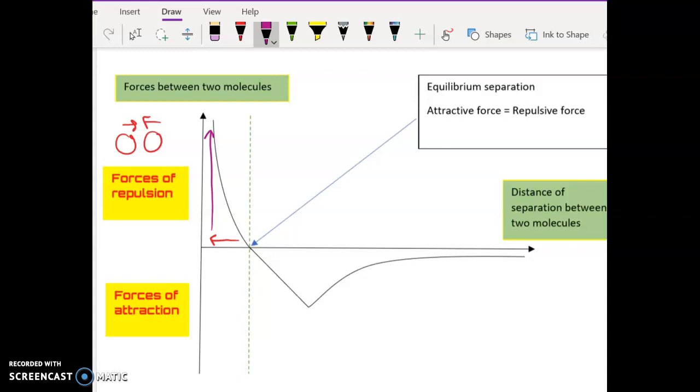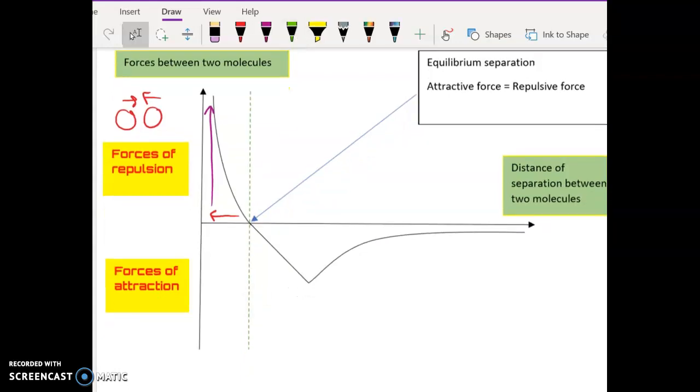Next, what happens if we stretch a solid? The atoms will move away from each other, so the separation will increase, and you can see that the force of attraction will also increase, but in the opposite direction. It will increase to oppose the change.